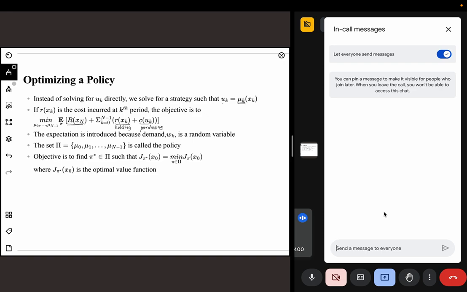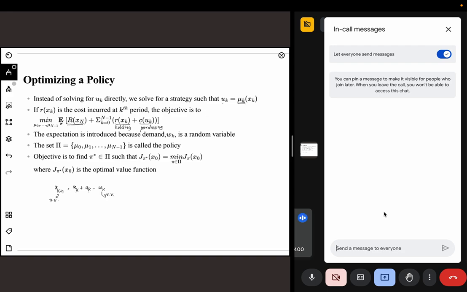And why are we keeping this expected? Because we do not know the demand beforehand. So we have to assume demand is some kind of a random variable. And once it becomes a random variable, this entire quantity xk plus 1, so I've written xk plus 1 as xk plus uk minus my demand, and this is a random variable. If this is a random variable, then xk plus 1 is also a random variable.